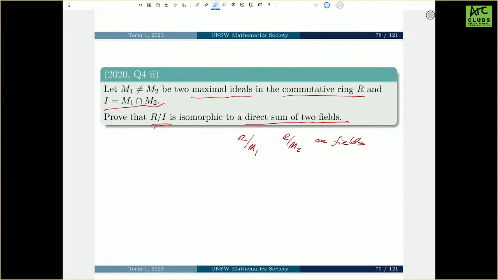I'd really like to take just this. We're also hinted at the intersection between them, and we want to prove that R/I is isomorphic to the direct sum of two fields. So we could think that maybe we show that it's isomorphic to this, and then you should hopefully get reminded of the Chinese remainder theorem.